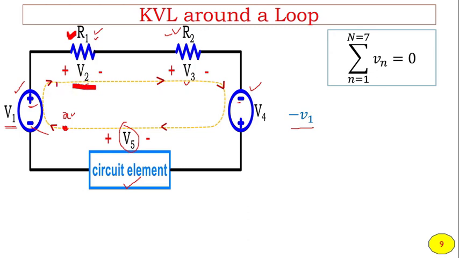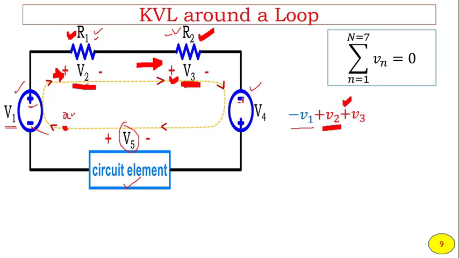In this case, we see the positive polarity first. Hence, we take V2 as positive voltage. Similarly, the third element is R2 with voltage V3 and the sign should be positive again, as we see positive polarity first. Therefore, we take the sign of V3 as positive.